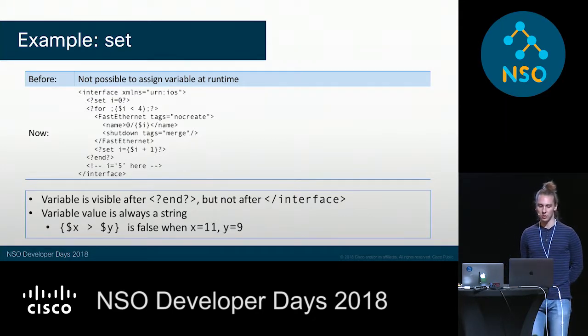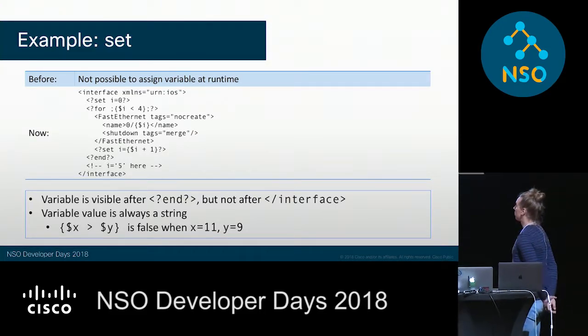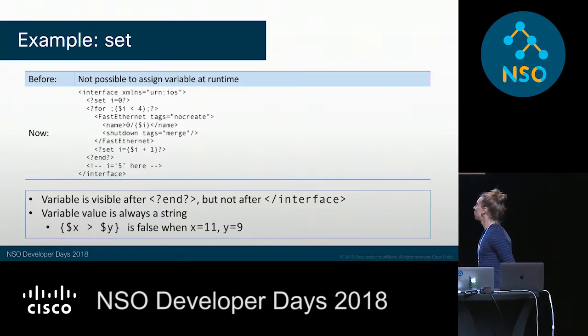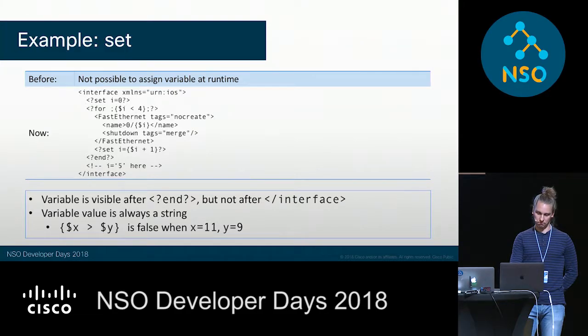So if you want to do this kind of comparison, you have to explicitly convert the type in XPath using XPath built-in functions. But in this example, we compare a string variable with the number, and then it is implicitly converted to a number for comparison according to XPath rules.